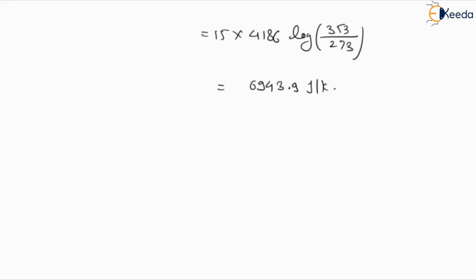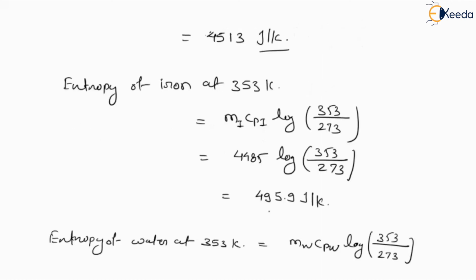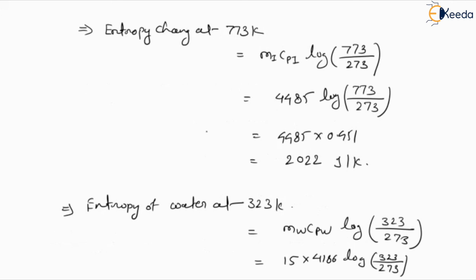Now we want to define the entropy change for the iron. So the entropy change of the iron bar we will define as the entropy of iron at 353 Kelvin, that is the changed temperature of water when iron drops, so it will be 495.9, minus the entropy at 773 Kelvin.